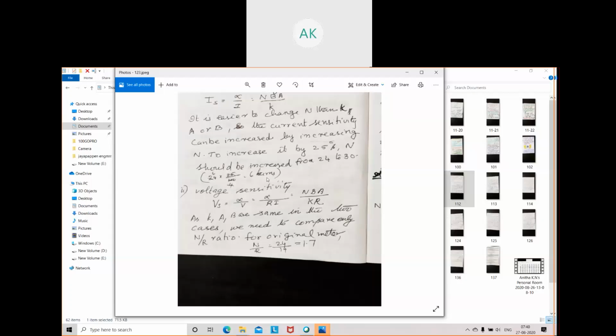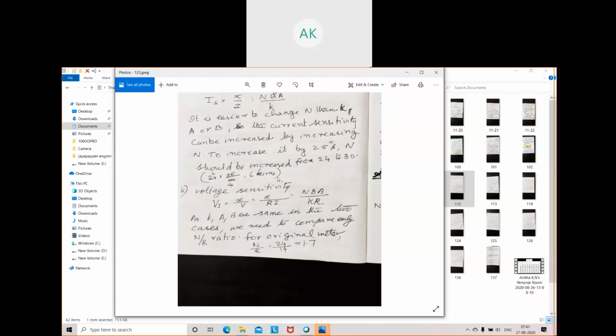So 6 more turns are needed. Already it has 24 turns, so plus 6 it will be 30 turns. So 30 turns of the wire are needed to increase the current sensitivity by 25%.